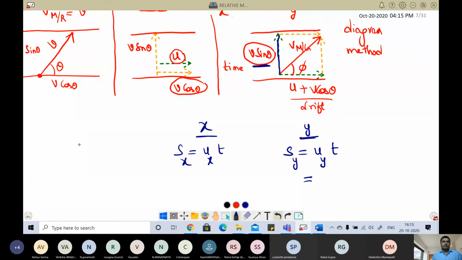Okay, I'll show it here in another diagram. Suppose this is the river. This is point A, and this is the exact opposite point.